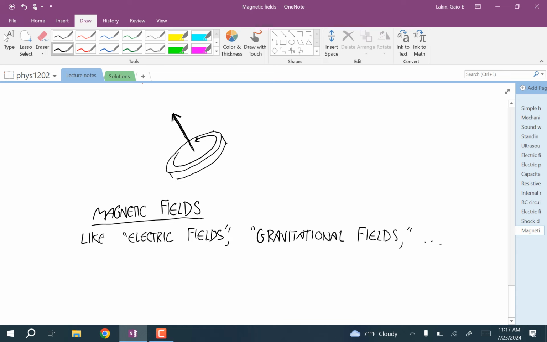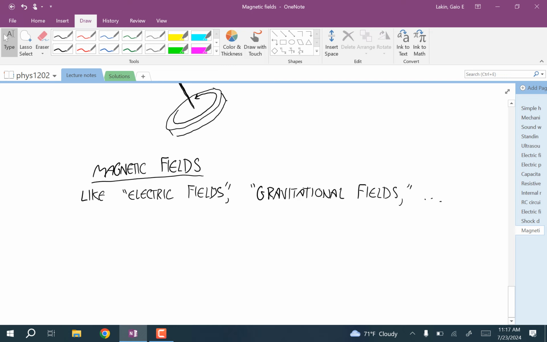In physics, all a field means is whatever location you go to, there's a field vector waiting there for you. And it doesn't depend on the motion of the object. It just depends on the object's location at that instant. So the meaning of a magnetic field is, wherever an object goes, there's a magnetic field vector.